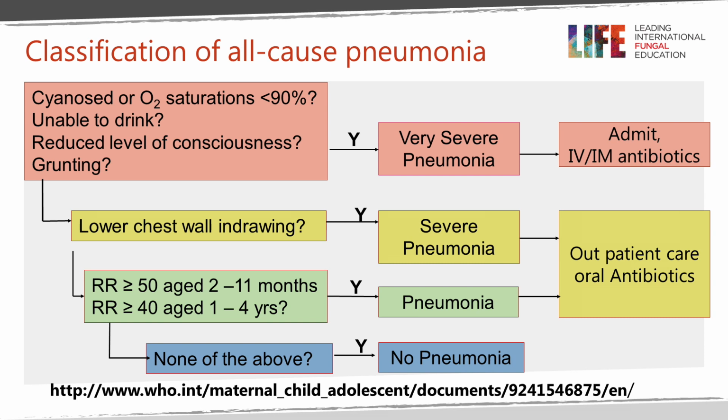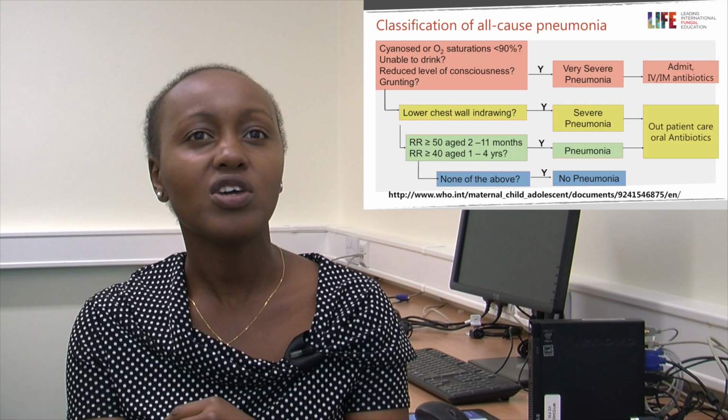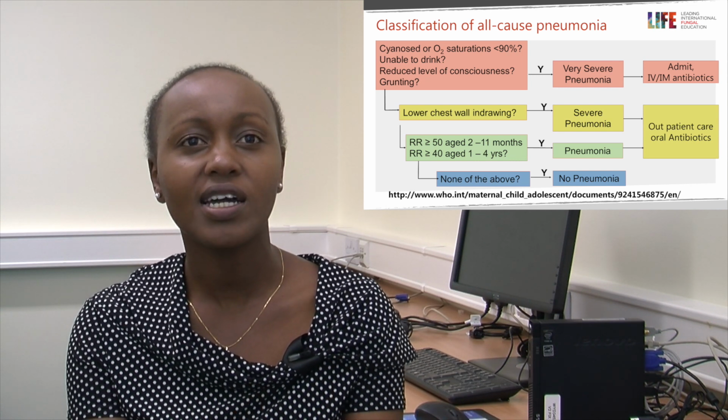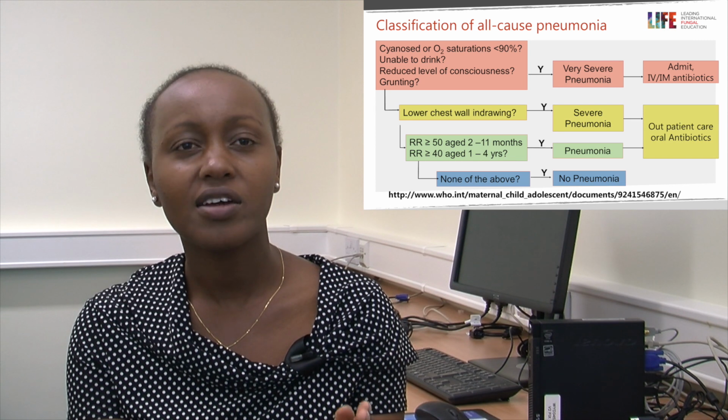And if the answer to any of these is yes, then that is classified as a very severe pneumonia. If they do not have any of these above four signs or symptoms, then you go to the next thing, which is, do they have lower chest wall indrawing? And that is called severe pneumonia. If they do not have lower chest wall indrawing and they have cough and difficulty in breathing, then you count their respiratory rate.